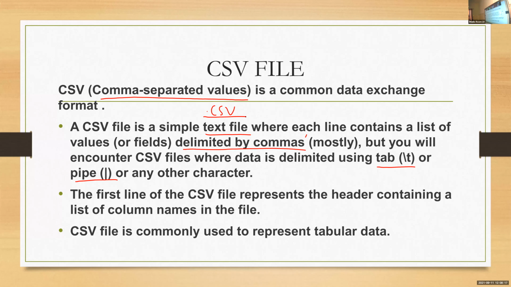The first line of the CSV file represents the header. Header means column headings, containing a list of column names in the file. Header means column names.